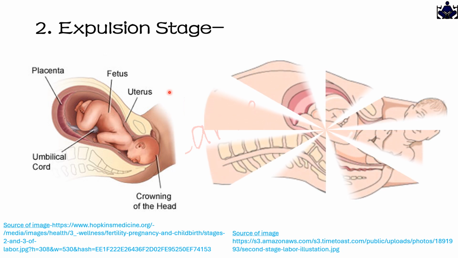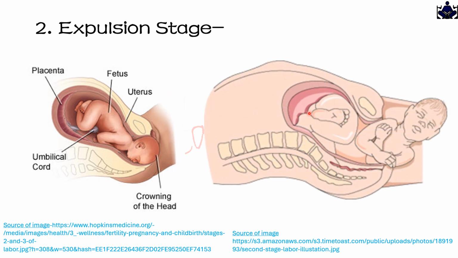In normal delivery, the fetus comes out through cervix and vagina with head in forward direction. It takes 20 to 60 minutes.